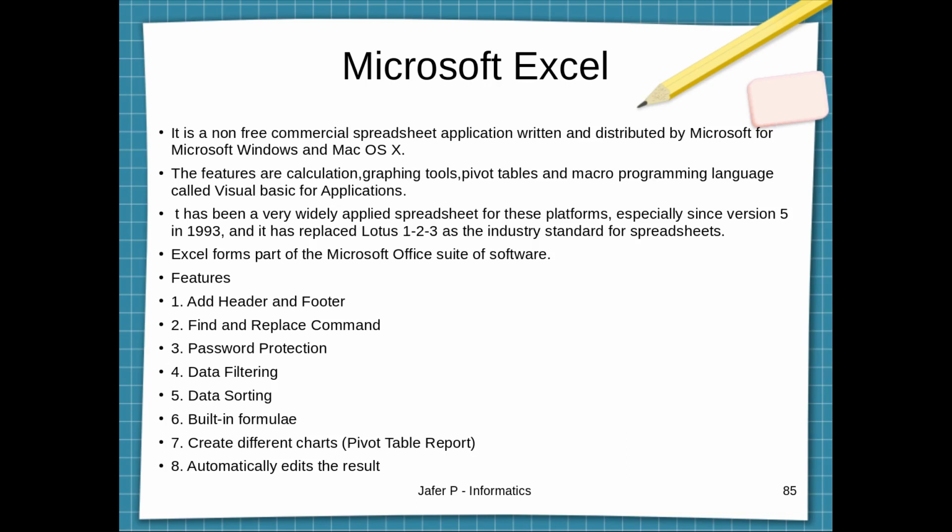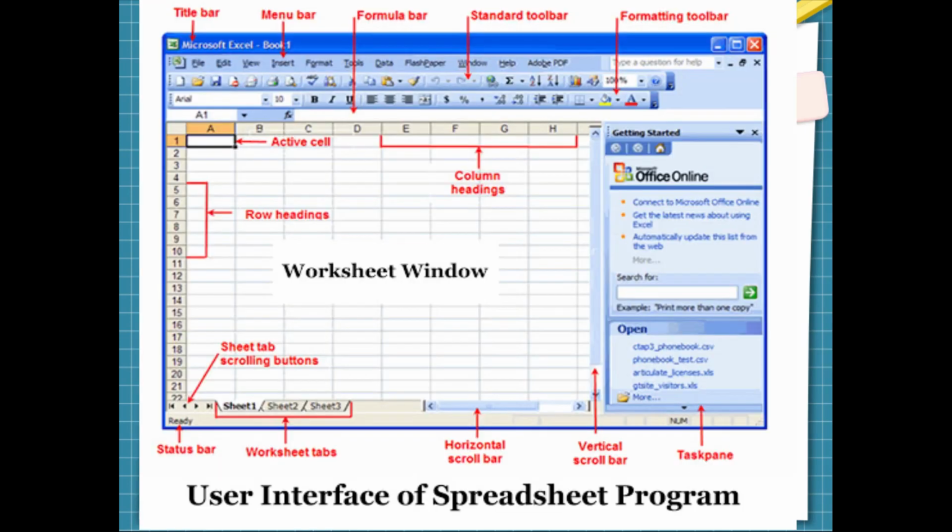You know how to operate Excel, right? This is a window of the user interface of the spreadsheet program, that is Excel. Same like Windows, there is a title bar, there is a menu bar, and extra there is a formula bar here, and the standard toolbar is also there, formatting toolbar is also there.